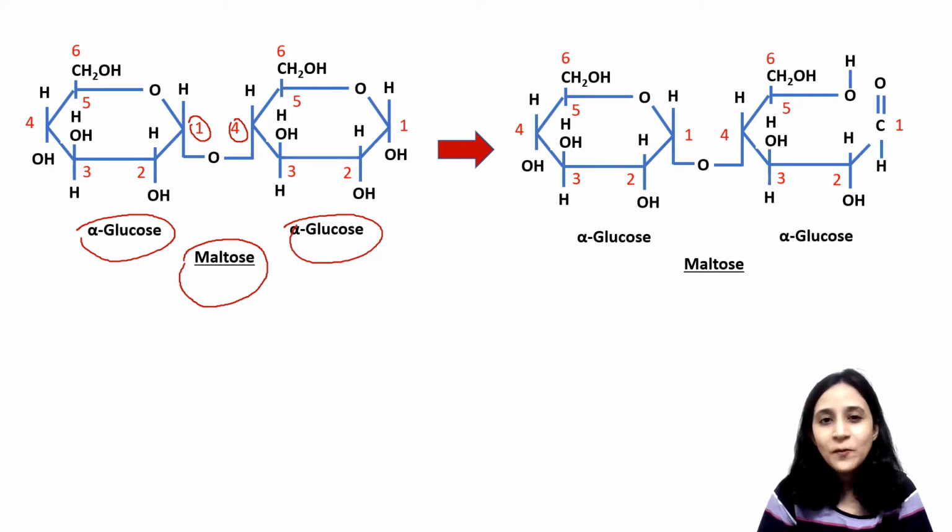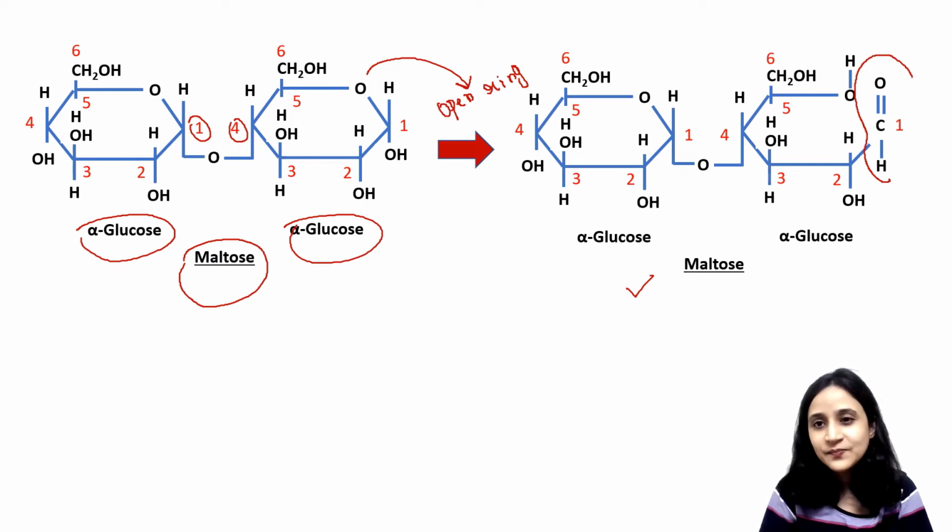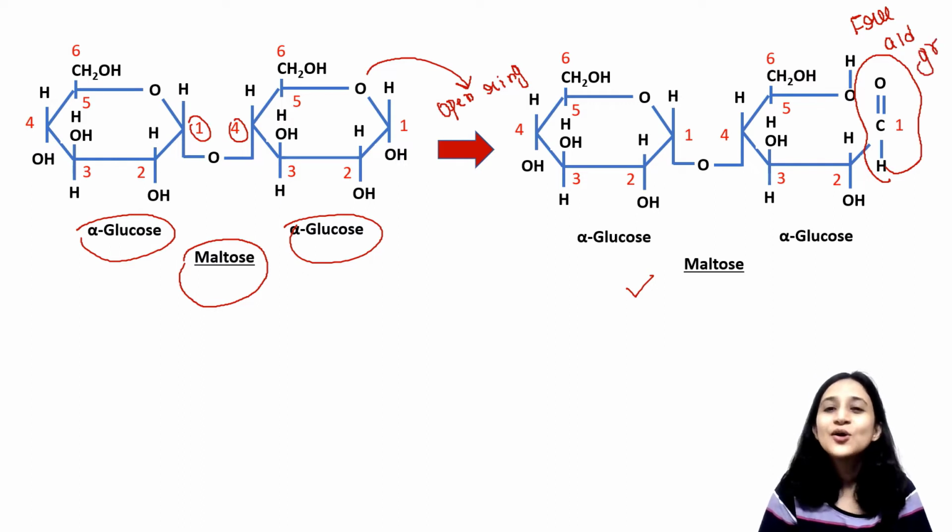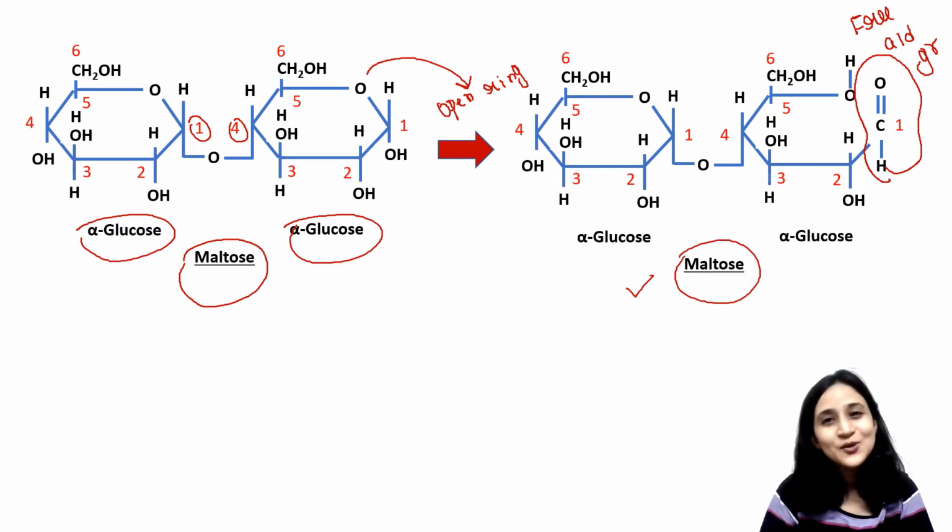If you open this ring, you will get this thing where this is the free aldehyde group, and because of this free aldehyde group, maltose is reducing sugar. So if you open this ring, this aldehyde group will become free and can reduce others.